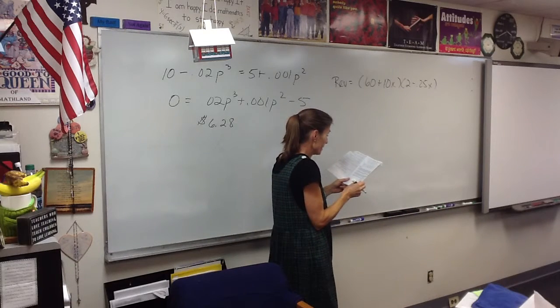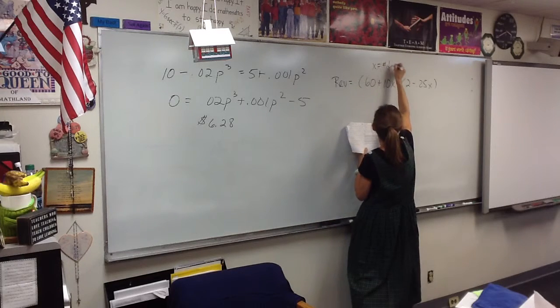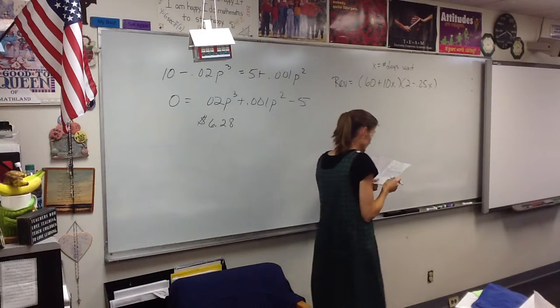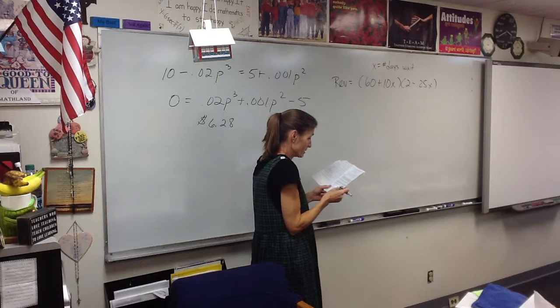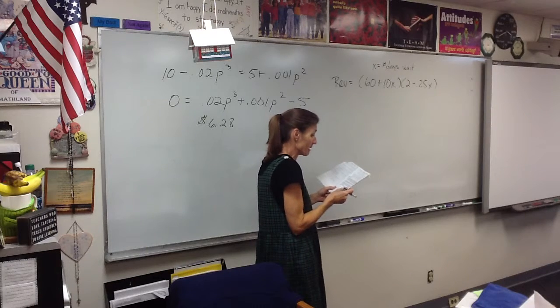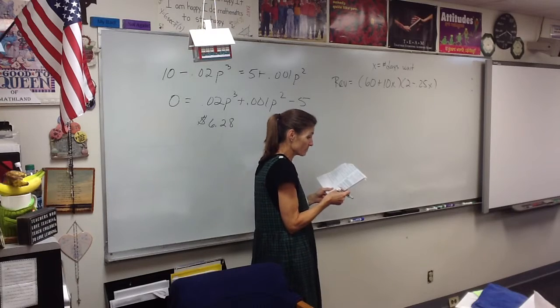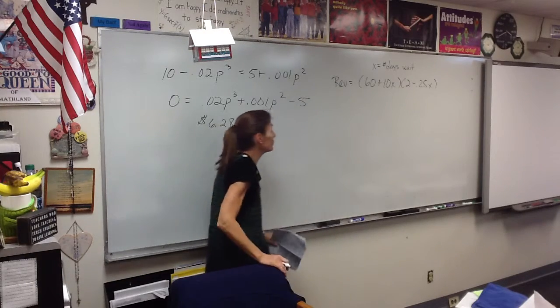If x is the number of days I wait, then 60 plus 10x, does that make sense to everybody? And 2 minus 0.25x makes sense to everybody? All right, so what do I do with that equation?